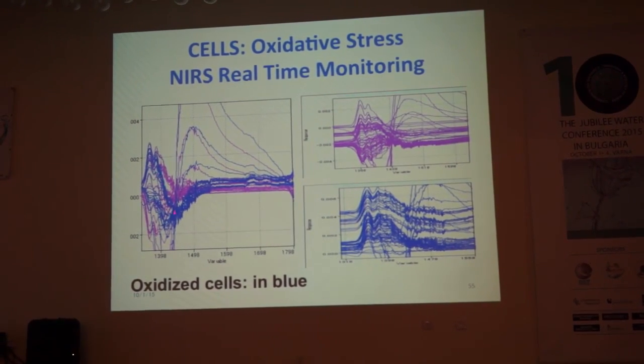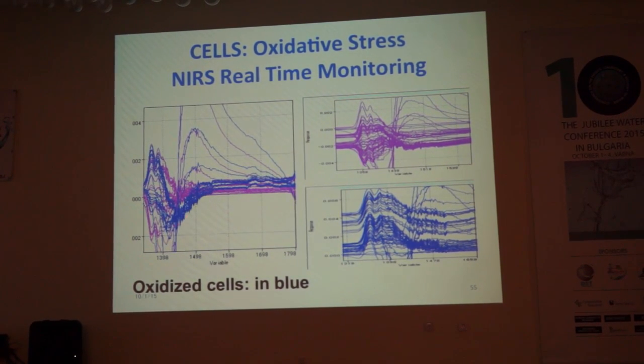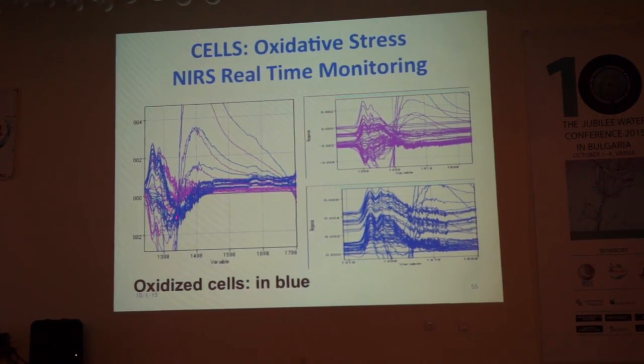But this is the oxidated cells. The blue spectra are oxidated cells.